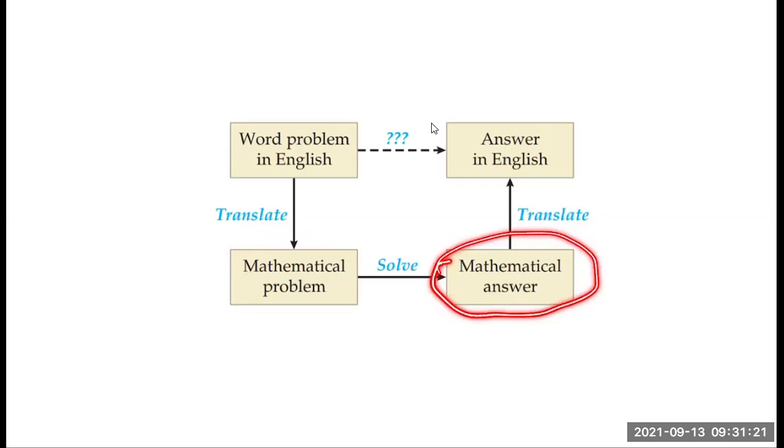Then you need to translate that mathematical answer back into real world terms. That means you have to write down your answer in English so that a non-mathematician can understand what you mean. That's the overview of an optimization problem.